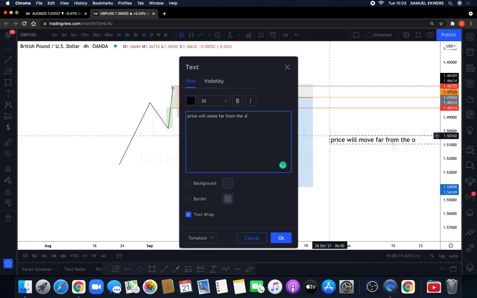Let me just use OB to make this really short. Then another is: OB must break structure. That means the order block must break structure.